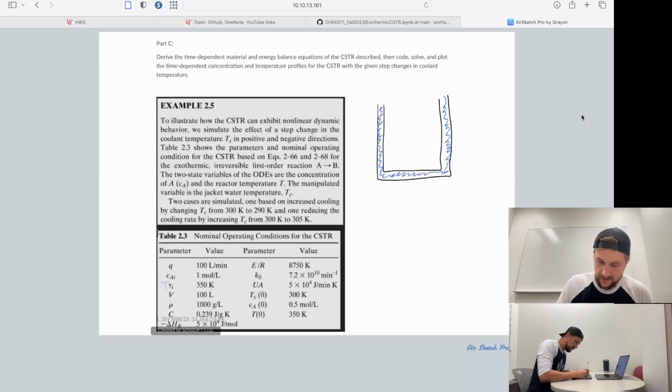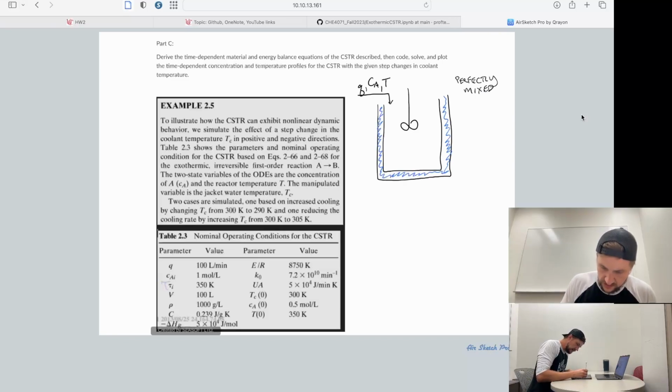Coming in to our tank, we have a specific flow with a specific concentration of A coming in at a temperature. This tank, we are assuming, is perfectly mixed, and it is at a constant volume.